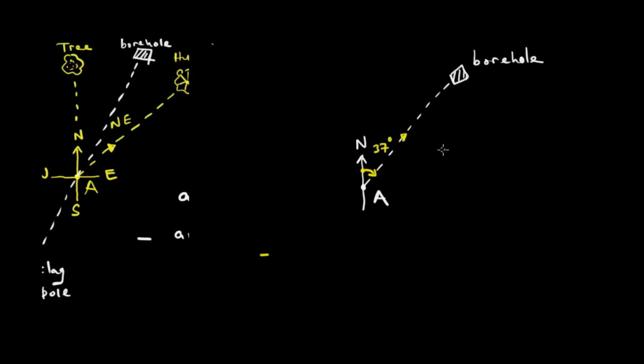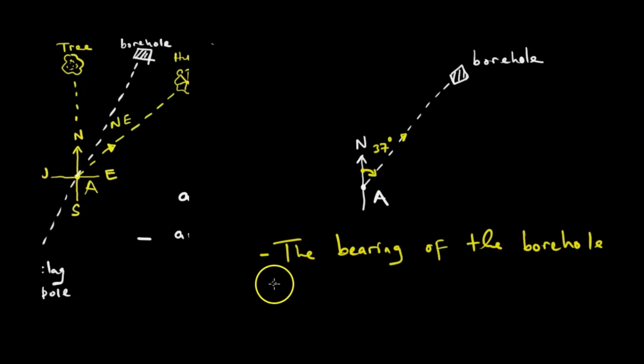So how are we going to name this bearing? We write that the bearing of the ball from A is 037 degrees.